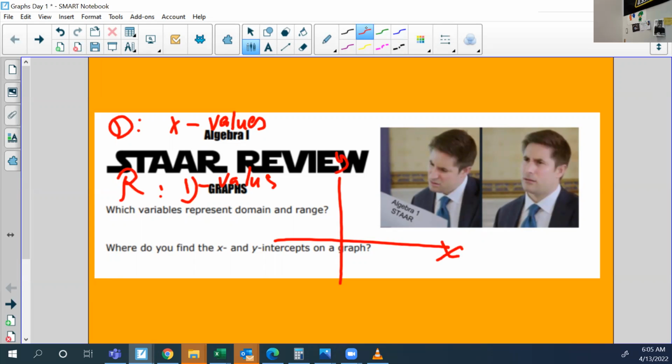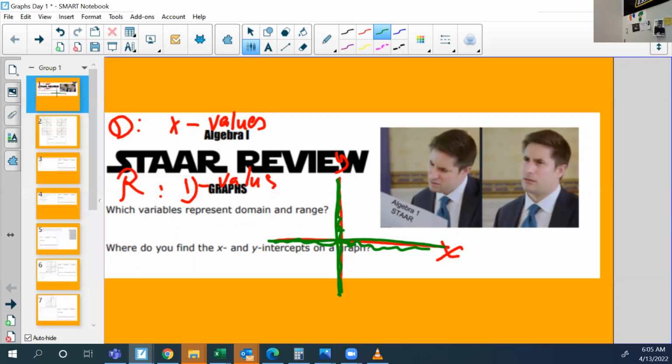Domains are on the x axis, and range are on your y axis. That's how you read that. So just make sure you understand that. Range are all your y values, domains are x values. Okay. All right, let's move on.